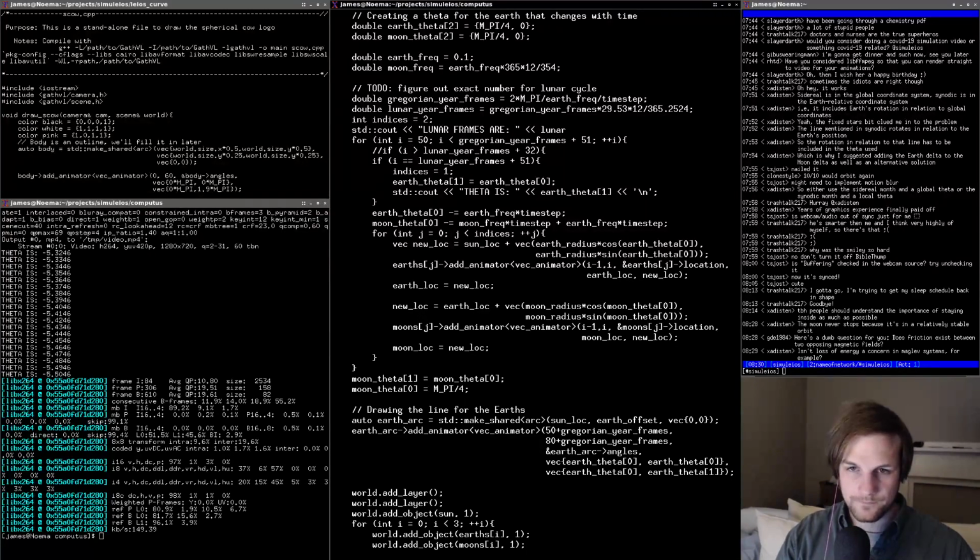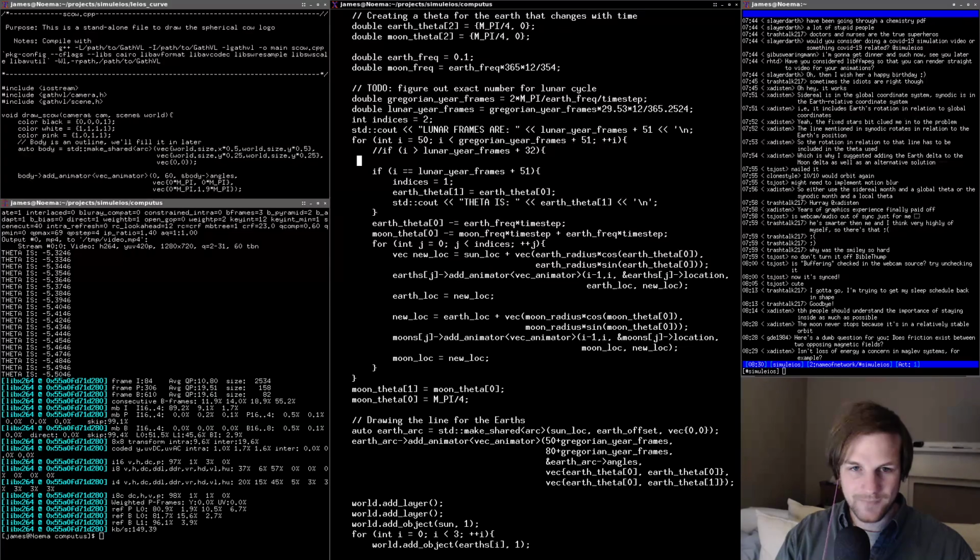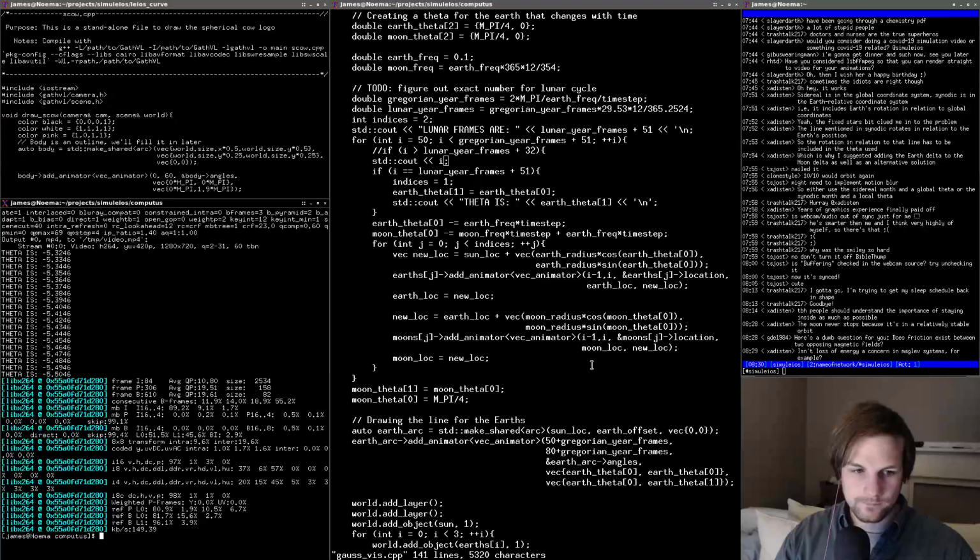Let's do lunar plus 51. And then we'll just output i. I don't know. I'm not going to put a new line on this one. I'm just outputting i.